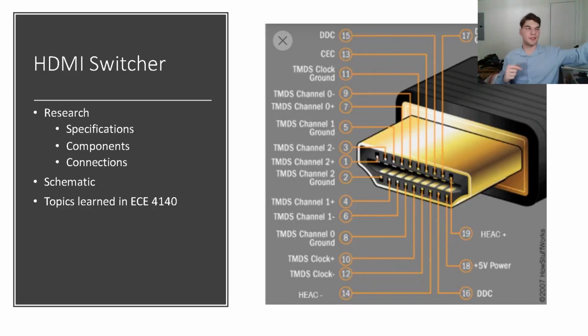So if you have a pin on this piece of hardware over here and a pin on this piece of hardware, you can connect them using a wire. So that's what pins are, and each one has a different functionality. Like those TMDS ones represent data transfer. You have the 5-volt power one, which supplies power from that pin.